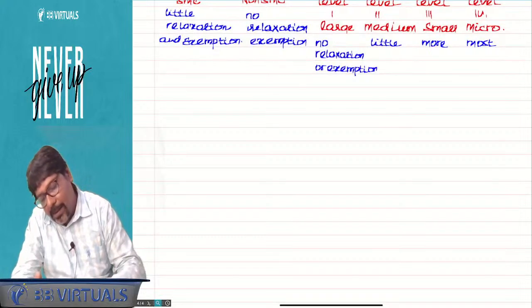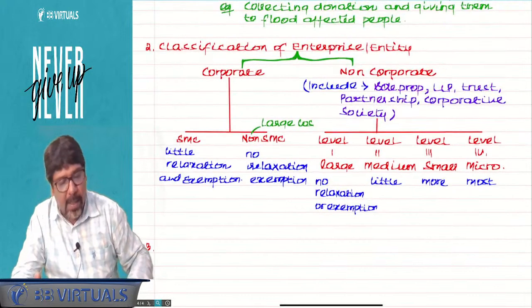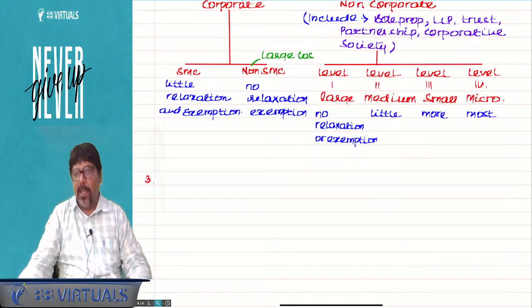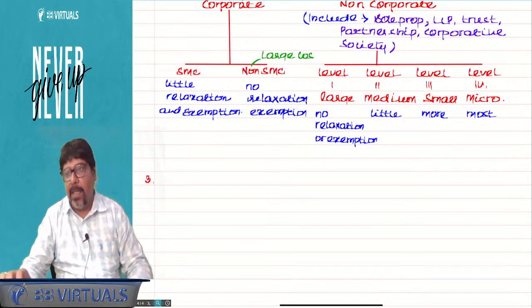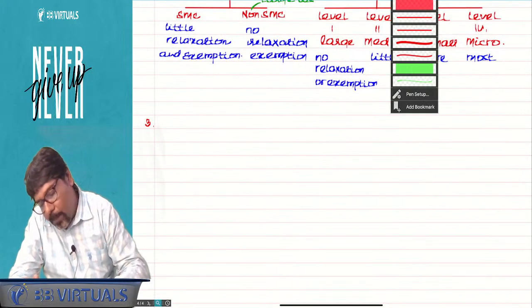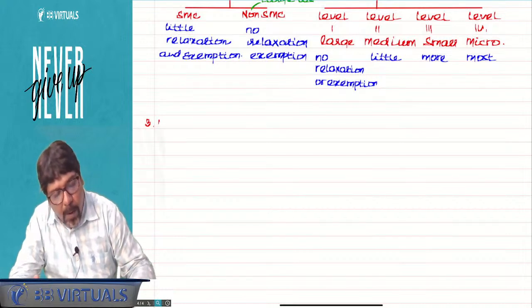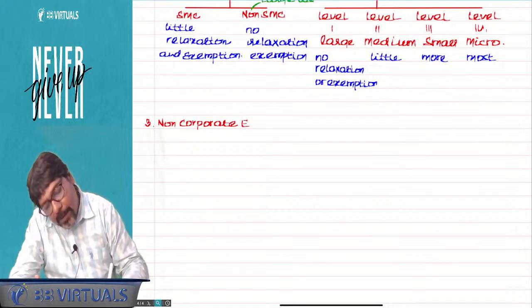So let's understand applicability. Rather, number three: how do you identify level 1, level 2, level 3? Am I clear? So number three, non-corporate entities.